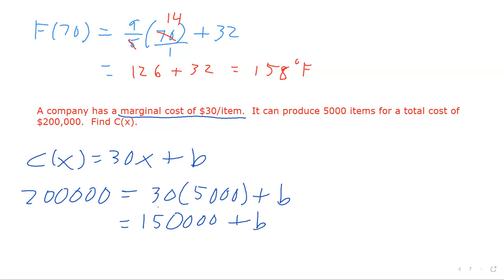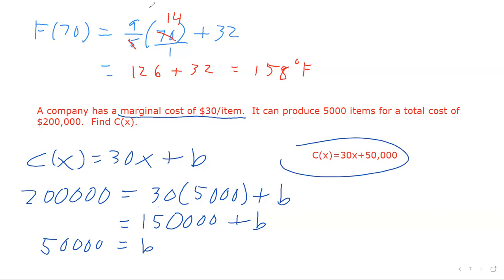Subtract over, we get 50,000. So our equation for cost is going to be our 30x, because that was our marginal cost, plus our $50,000 for the fixed costs.